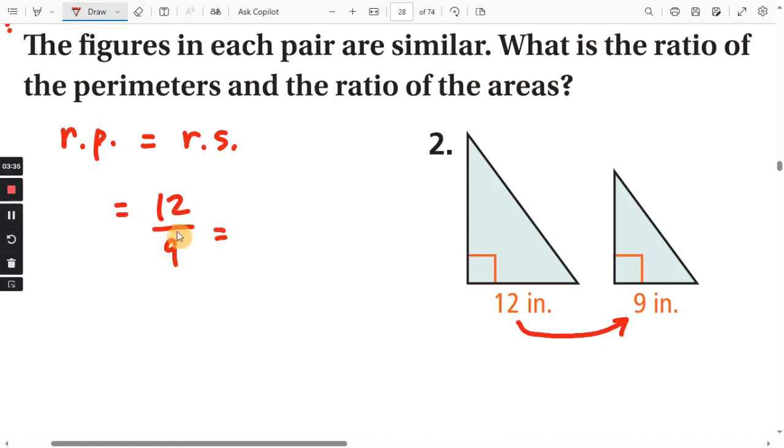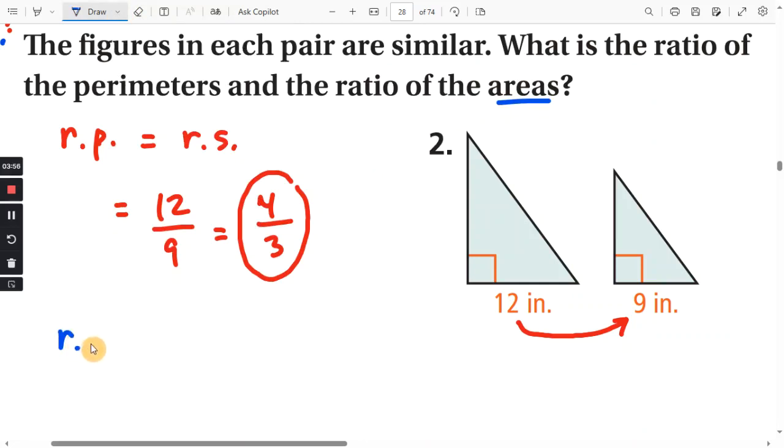Both of these are divisible by 3. Let's reduce the fraction. 12 divided by 3 is 4. 9 divided by 3 is 3. So that's it.